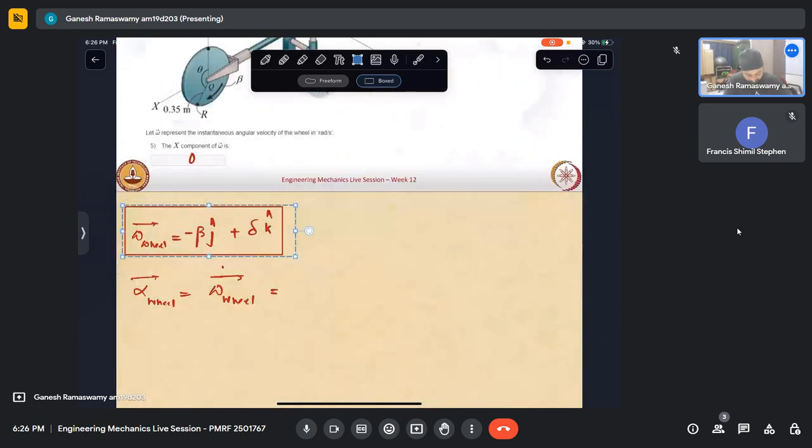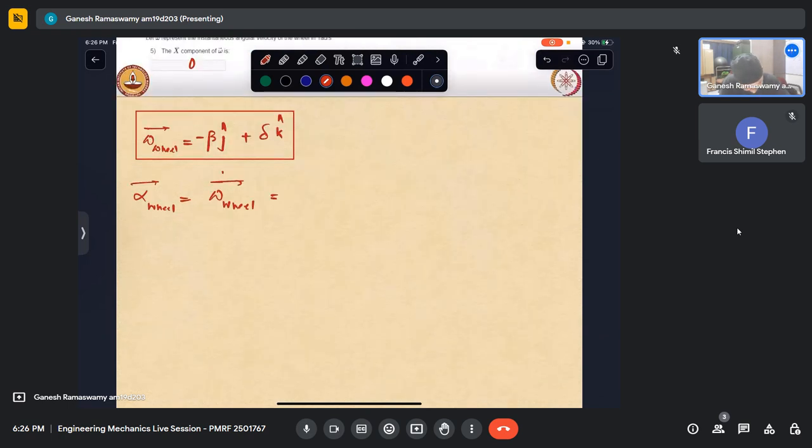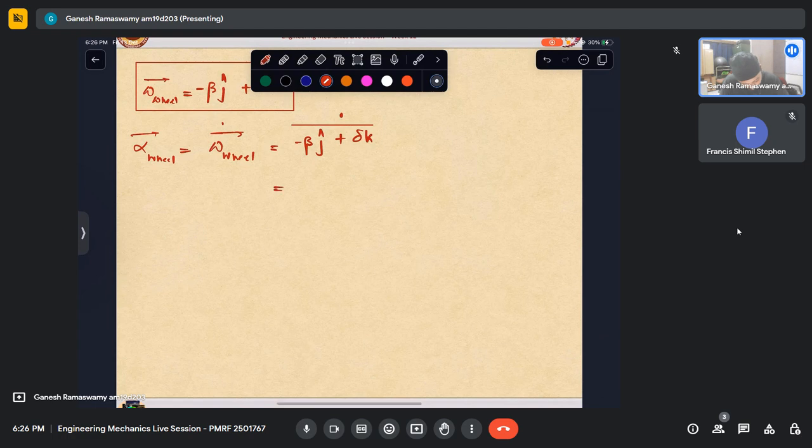It is better to go by symbol first, differentiate, then from the question gauge whether the quantities are 0 or not. So this will be minus beta j plus delta k, entire dot. What does this give us? So this will be minus beta dot j cap minus beta j cap dot plus delta dot k plus delta k dot.